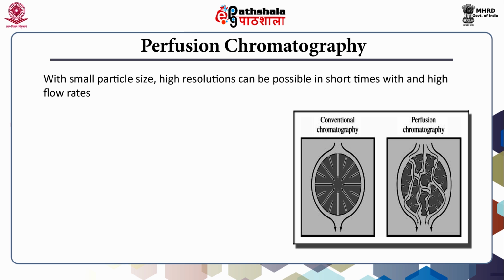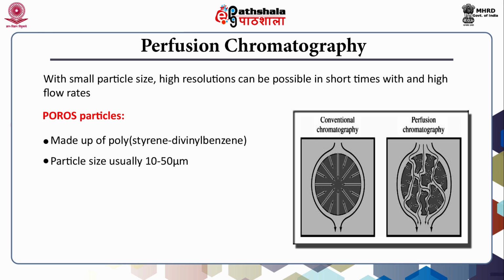You see the conventional chromatography picture, where longitudinal pores are present, but in case of perfusion chromatography, these longitudinal pores are also connected by the diffusive pores in a horizontal way. The best example for this kind of particles are the porous particles, which are made up of polystyrene divinyl benzene.